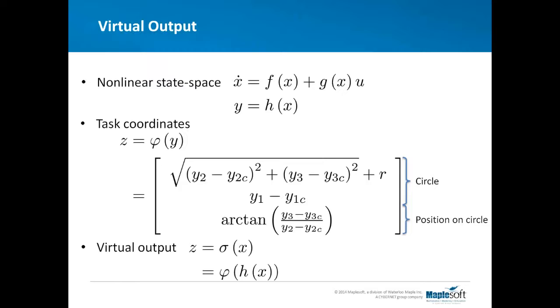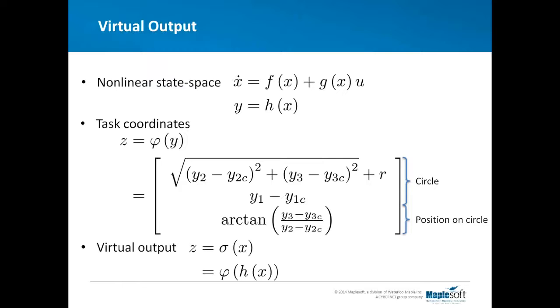Today what I'm going to look at is introducing a new set of task coordinates, which we'll call z. This represents a circle that I want to engrave at a specific location in space. There are two components here. The first group of two equations form a circle in 3D space, so that tells me where I want the end effector to be.